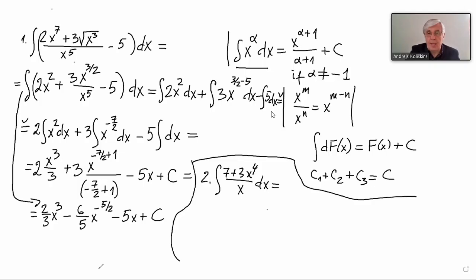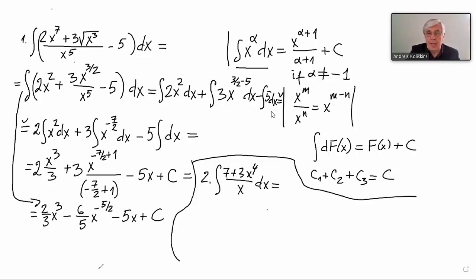If you can't find one, then think of some sort of a transformation. In this case, the transformation is to divide each term by x. So I can rewrite it as a sum of 2 integrals.